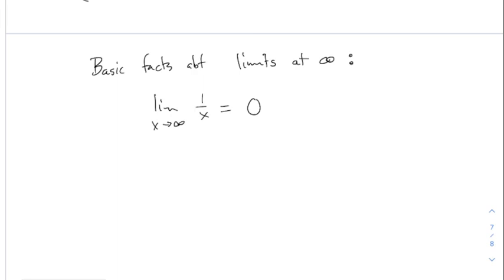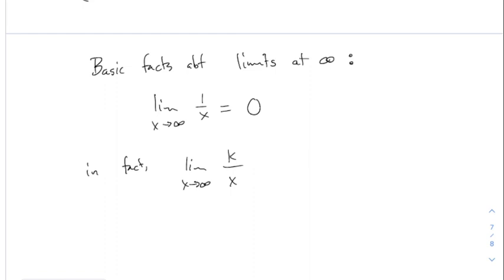In fact, that was the first of the basic facts. Just to be a little bit more specific, this is true even if I put some other constant on top, you're still going to get 0, right? Even if it's 3 divided by x. When you let the denominator become infinitely big, you're always going to get 0, no matter what the constant is.